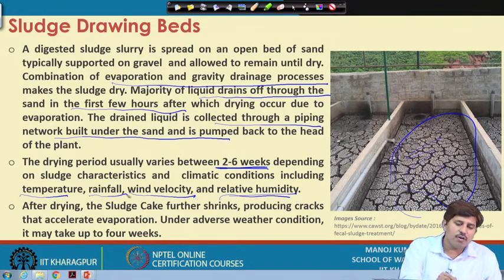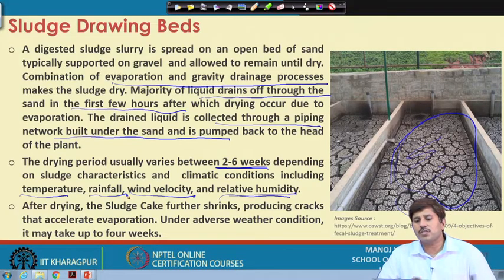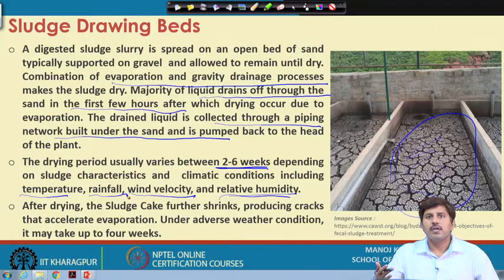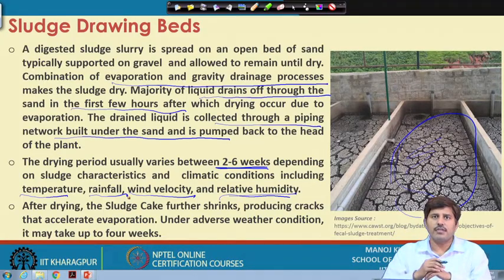The rainfall also matters: these are generally open systems, so if rainfall occurs, your bed is going to acquire a lot of water again. Those things are important in deciding how long the sludge is kept in the drying bed, which typically varies from 2 to 6 weeks.